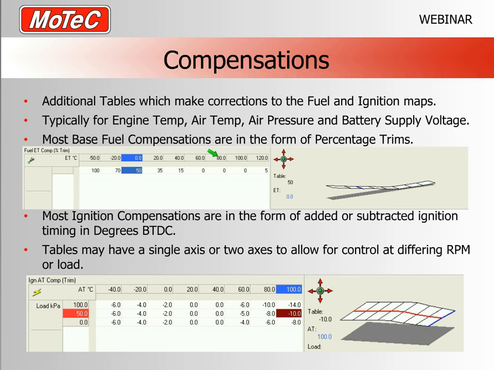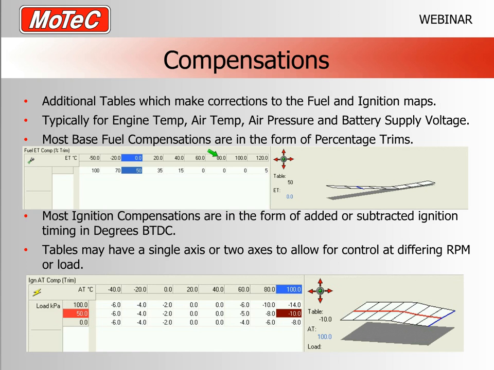Now, ignition compensations are usually in the form of timing rather than percentage. It's certainly easier to understand. So in our example below, this is an ignition trim for air temperature, and that means that, for example, at 80 degrees of air temperature, we have 6 degrees less ignition advance. You'll see here we actually have an extra axis on our table, and that's a load axis.